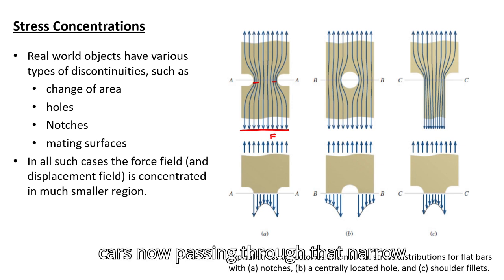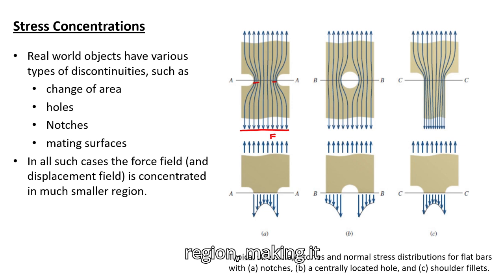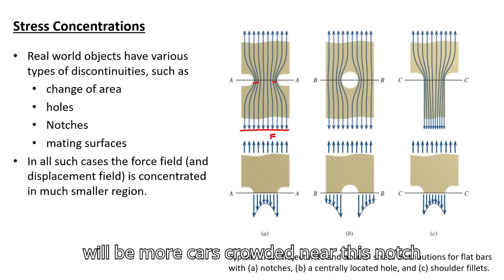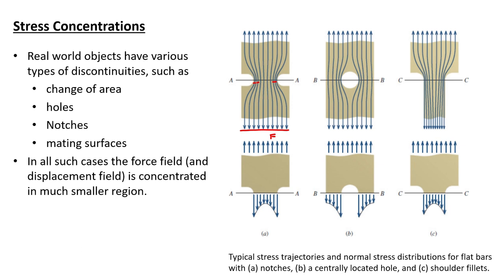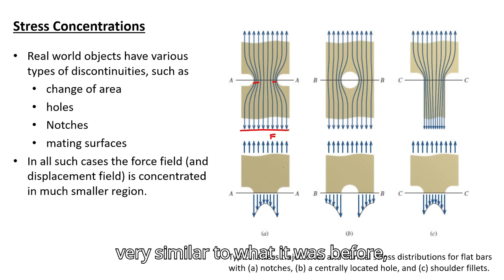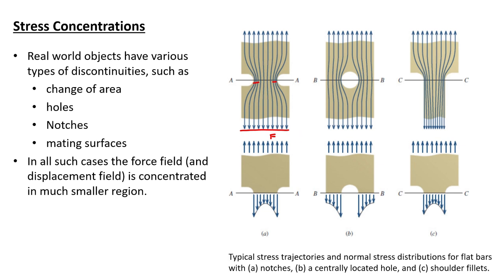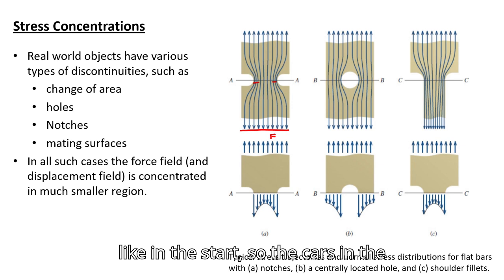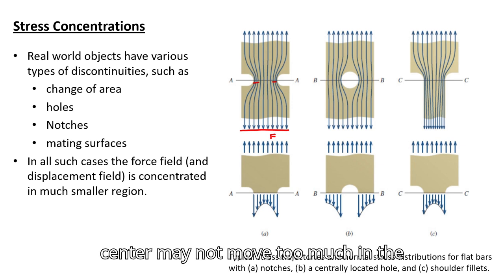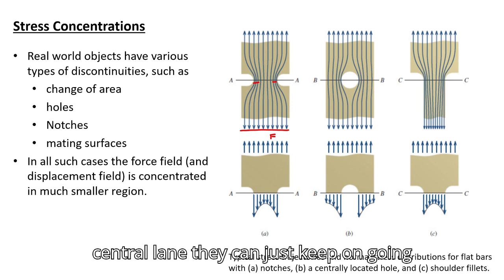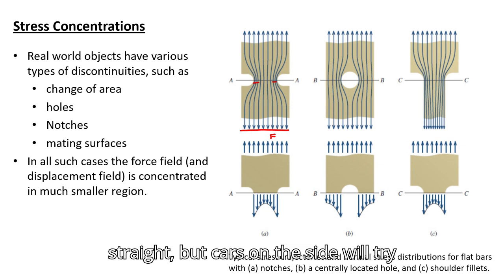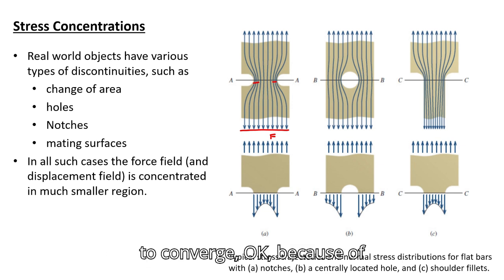So it's the same number of cars now passing through that narrow region, making it non-uniform, and there will be more cars crowded near this notch, and in the center maybe it will still be very similar to what it was before, like in the start. So the cars in the center may not move too much in the central lane, they can just keep on going straight, but cars on the side will try to converge, okay, because of roadworks, right? So if you think about it in this sense, it makes sense, right?